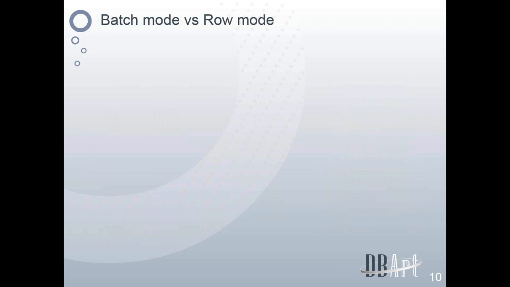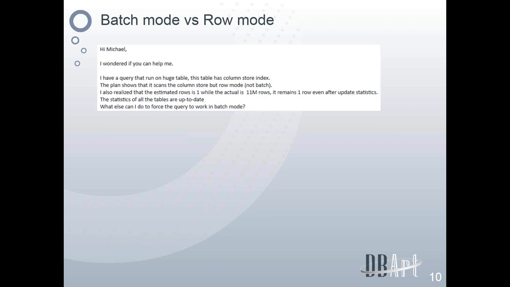Batch, let's talk a little bit more about batch mode versus row mode. Not long ago, I received an email from a friend, a colleague, that asked me about a query.